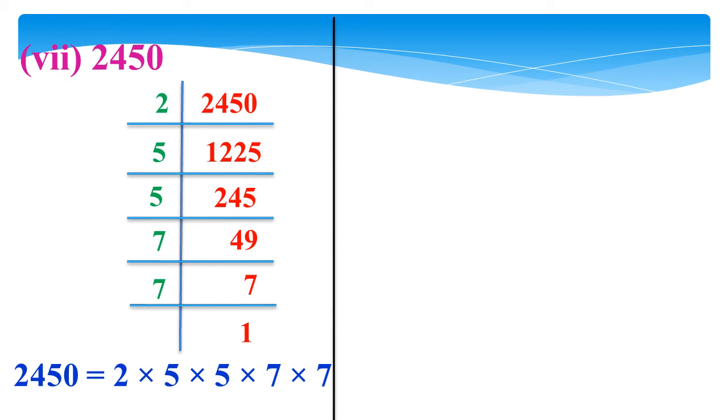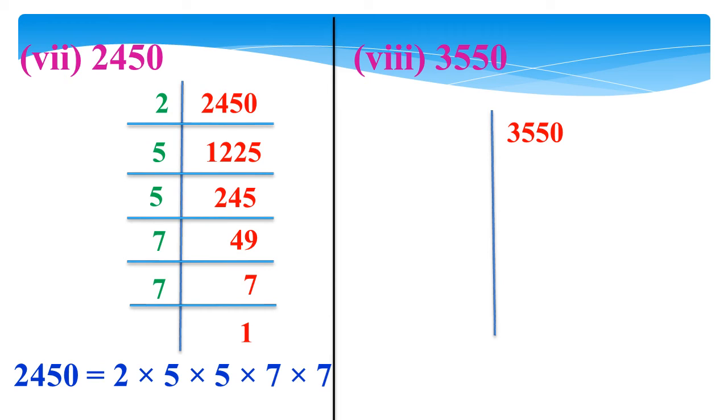The next sum, 3550. Now 3550 is a dividend. Let us find the divisor. 3550 is an even number, so it is divisible by 2.